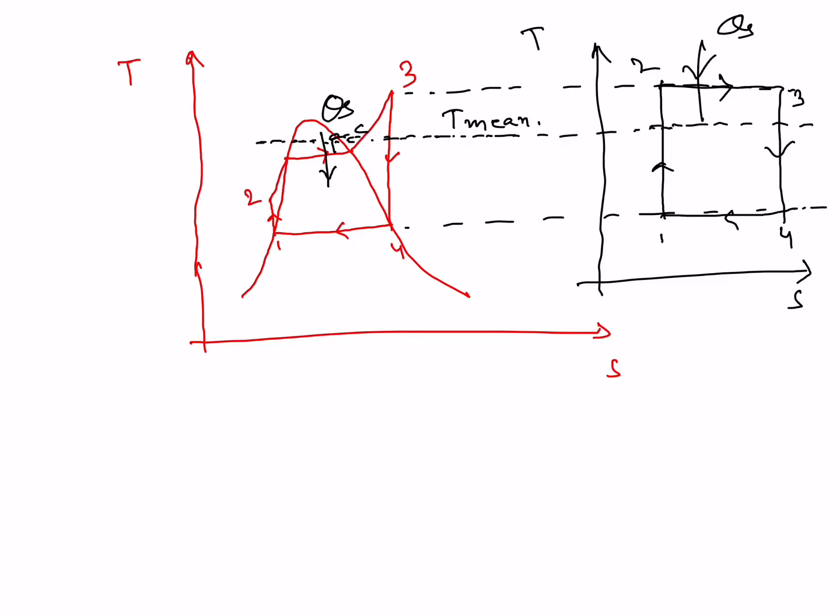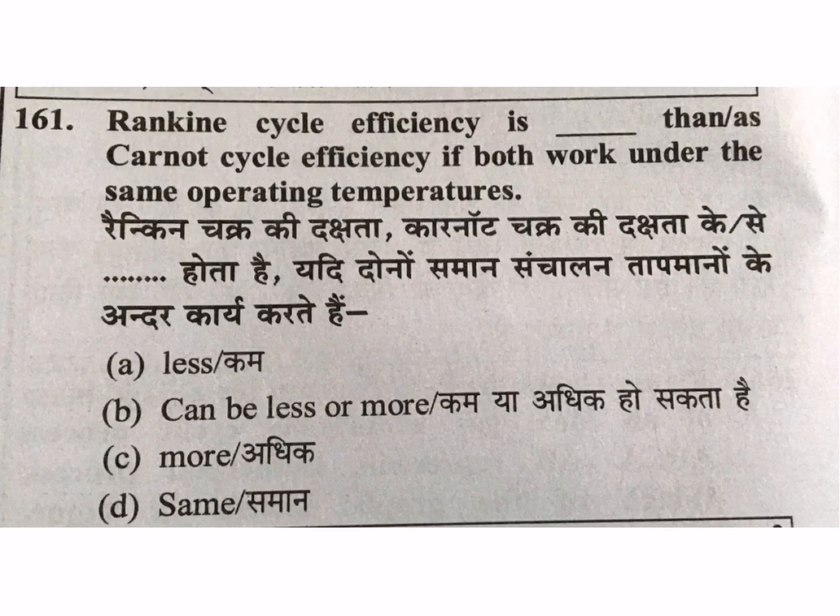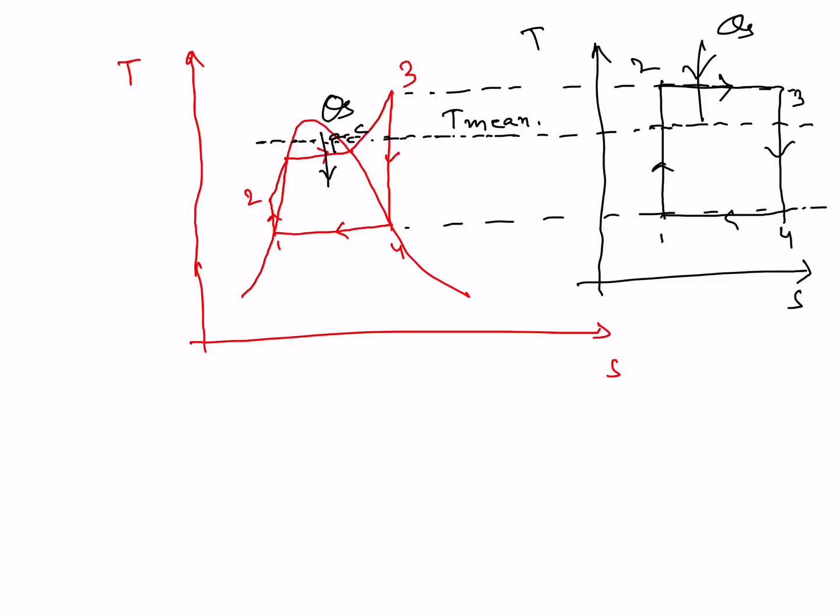We are not adding heat at maximum temperature in the Rankine cycle, but in the Carnot cycle, we are adding heat at maximum temperature. Because of that, Rankine cycle efficiency is less than Carnot cycle efficiency if both work under the same operating temperature. So A is your correct answer, because in the Rankine cycle we are not adding heat at T max or T3.